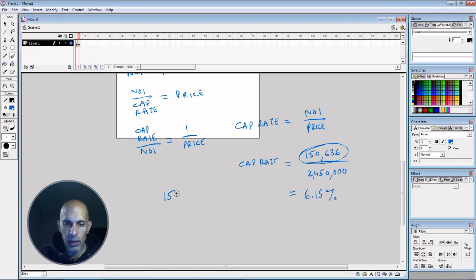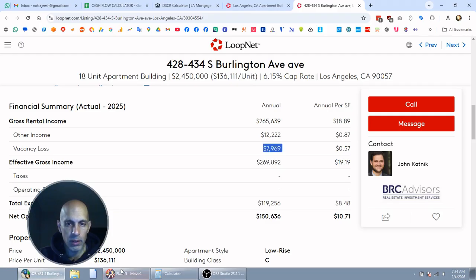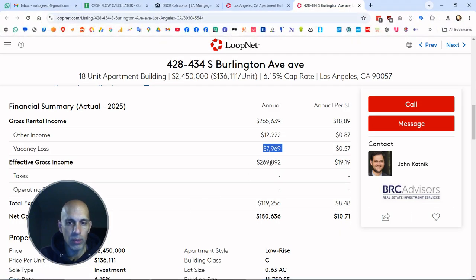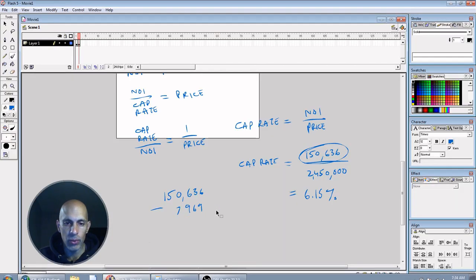So 150,636 minus 7,969. Oh, no, we're not deducting this, sorry. We're deducting the other income, the 12,222.